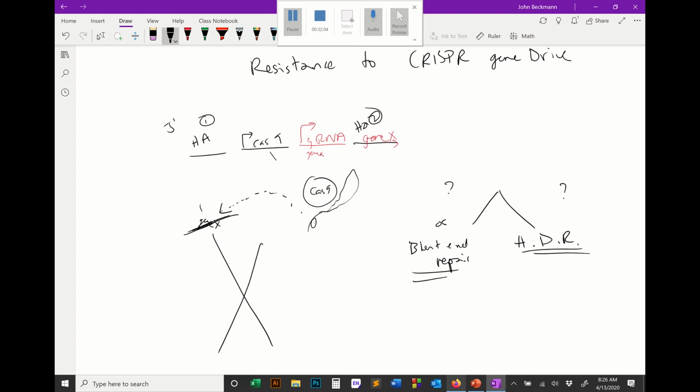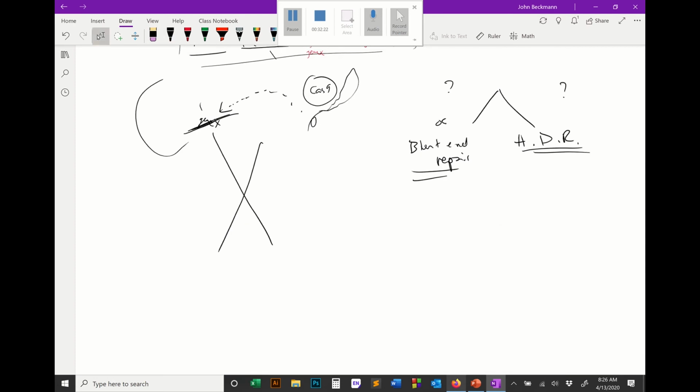There's a decision tree. If it goes the route of homology-directed repair, it will convert this ORF into an ORF that looks like this construct.